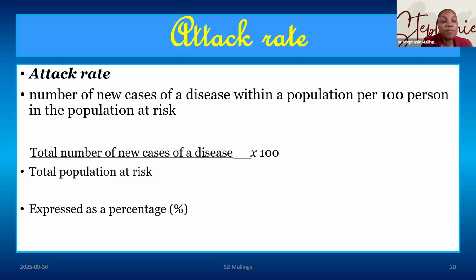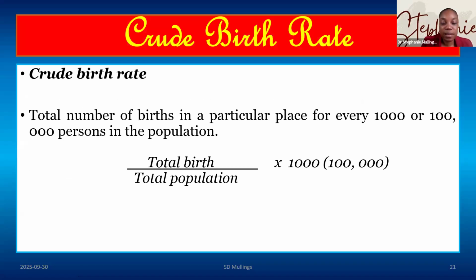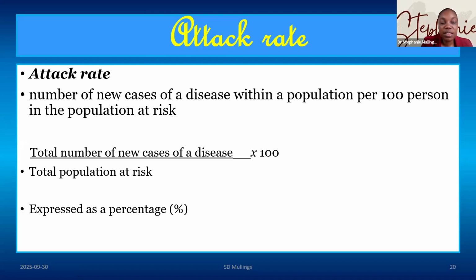For example, if we're looking at an infant population, then the total number of persons at risk will be those 0 to 11 months. If we're looking at adolescents, then it will be those persons between age 13 and 19. So that frames the total population at risk and not everybody necessarily in the population.